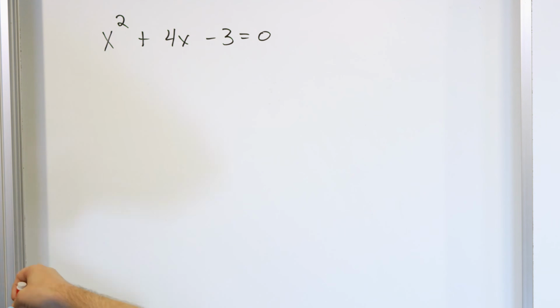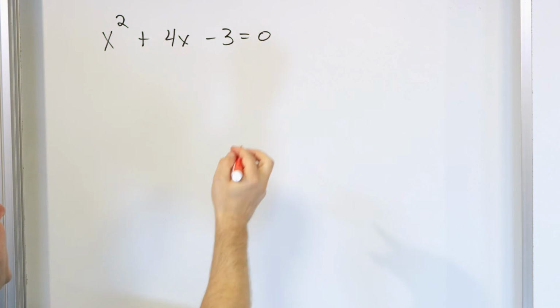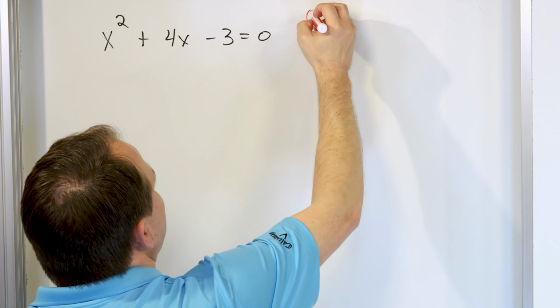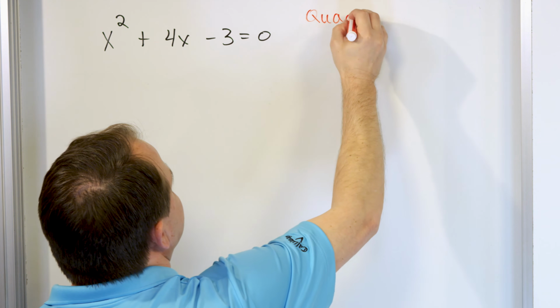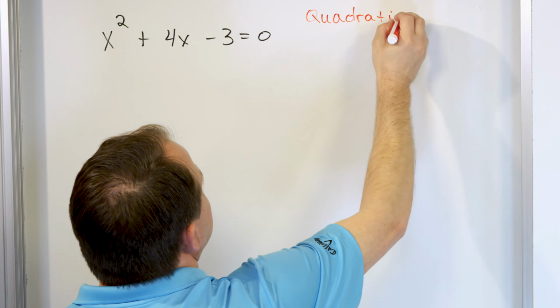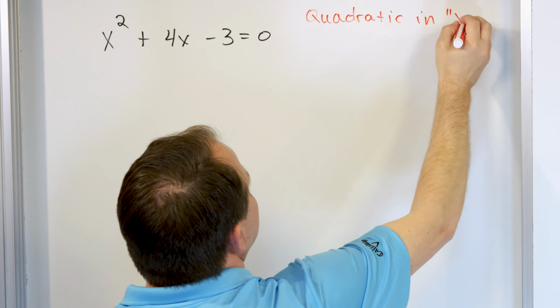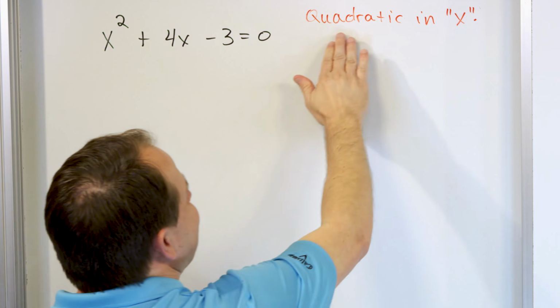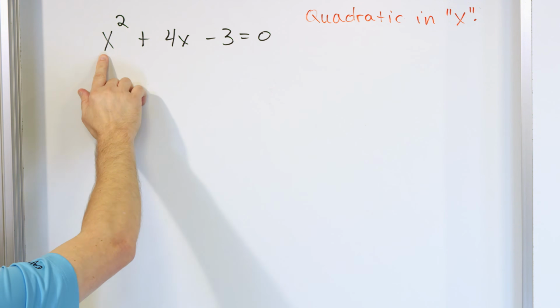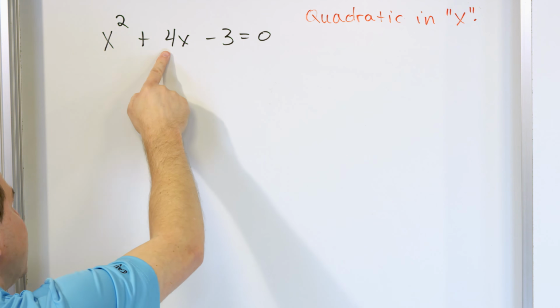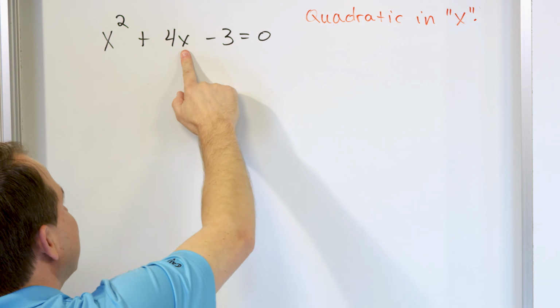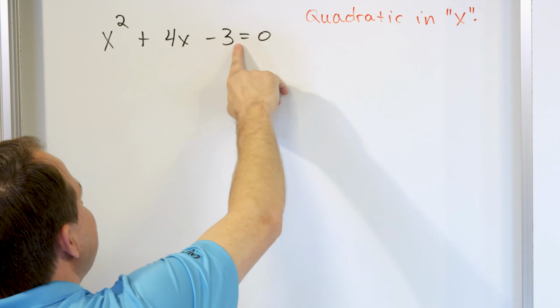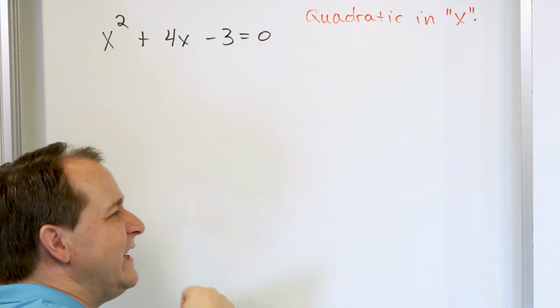But it's a quadratic equation. More specifically, I want to write something down here. This equation is what we call quadratic in the variable "x." I'm putting x in quotations. You'll see why in a second. Why is it quadratic in x? Because x is the thing that's squared, and then plus a number, 4 in this case, times x, and then plus or minus a number, and then really there's an invisible x to the 0 power.